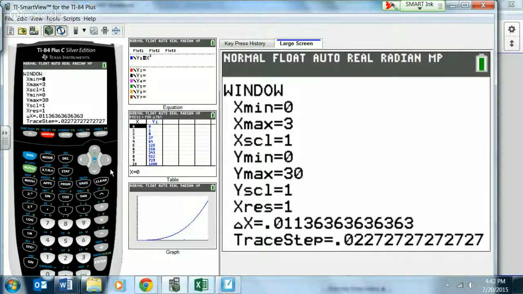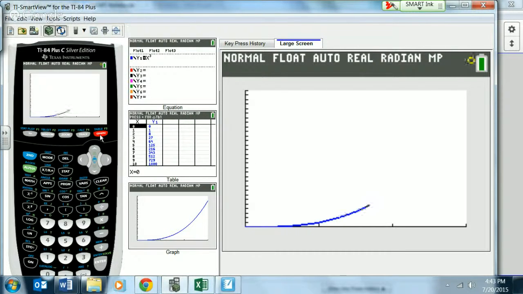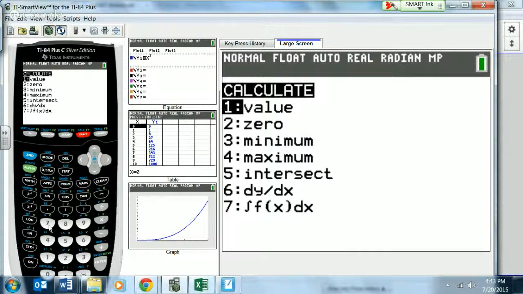Now, so that we see all our y's, x cubed is an increasing function. So when x is 0, y is 0. When x is 3, y is 27. So I just went from 0 to 30. Somewhere around there is good. Okay, let's go ahead and look at this graph. So there's the graph of y equals x cubed, graphed from 0 to 3 on the x-axis. Now go ahead and shade the area under the curve for me.